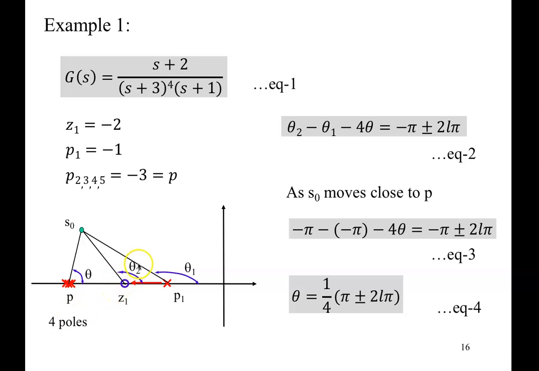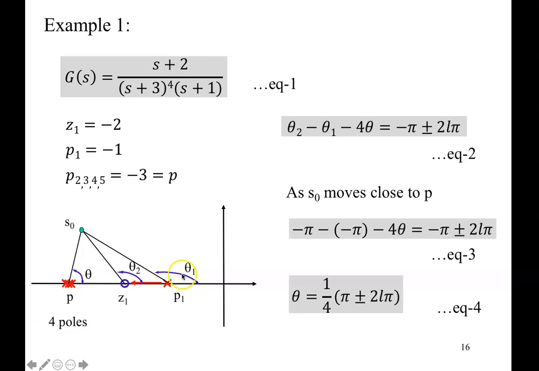So if I look at my test point, I form an angle with the multiple pole, the 4 times P. This is my departing angle, theta. I'm looking at the angle between this test point and the open loop 0 at minus 2, and the angle between my test point and the open loop pole at minus 1.